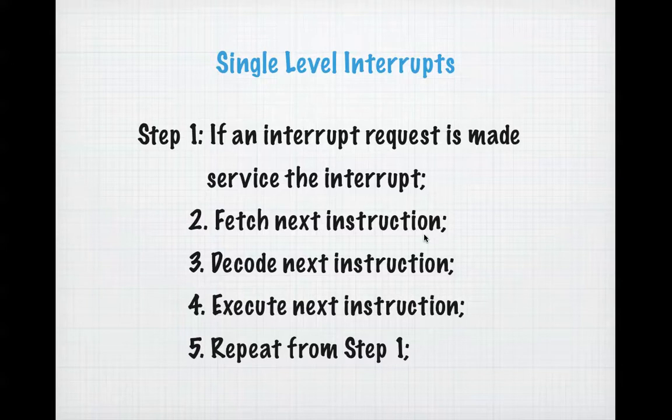So to us, a processor was something that fetched an instruction, decoded it, and executed it. And then that whole process was repeated over and over again until we saw an instruction that said halt or stop execution. That's what this loop over here would have been.